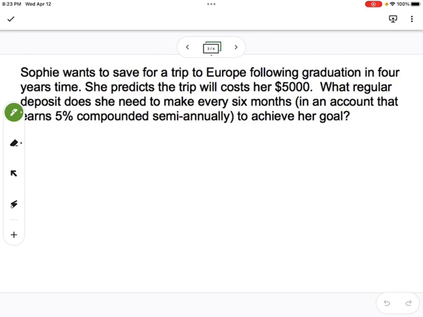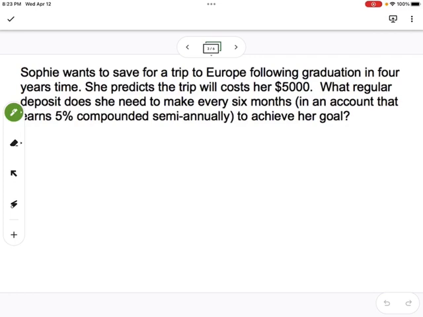So Sophie wants to travel for a trip to Europe following graduation in 4 years' time. She predicts the trip will cost her $5,000. What regular deposit does she need to make every 6 months in an account that earns 5% interest compounded semi-annually to achieve her goal?